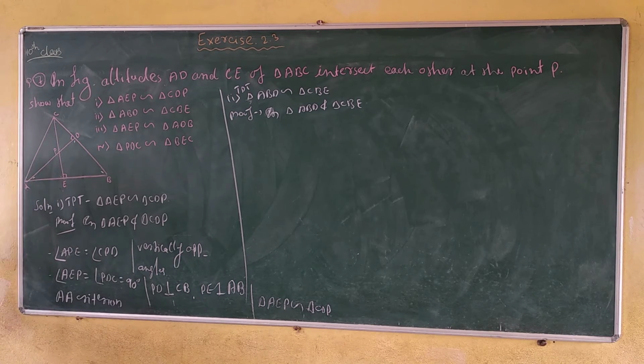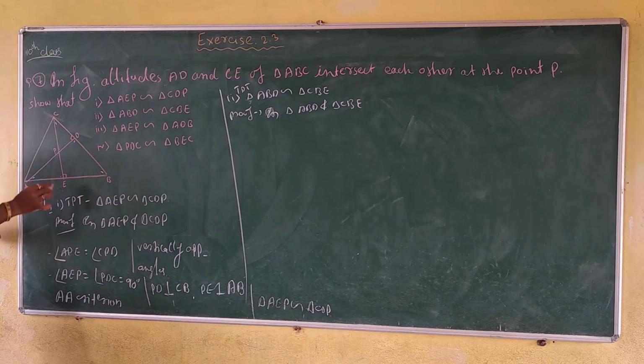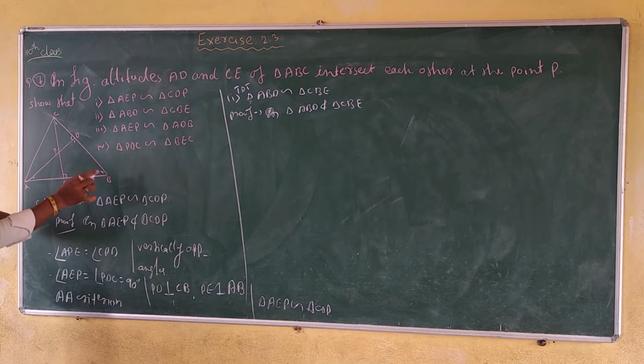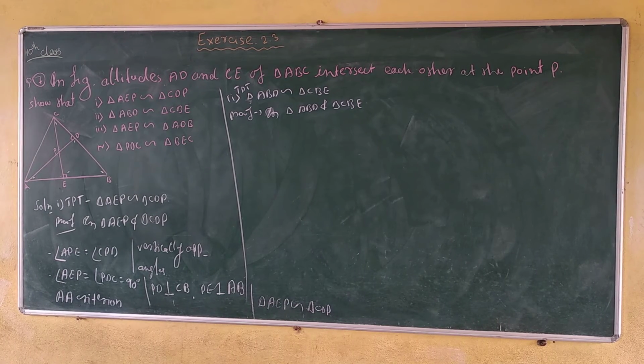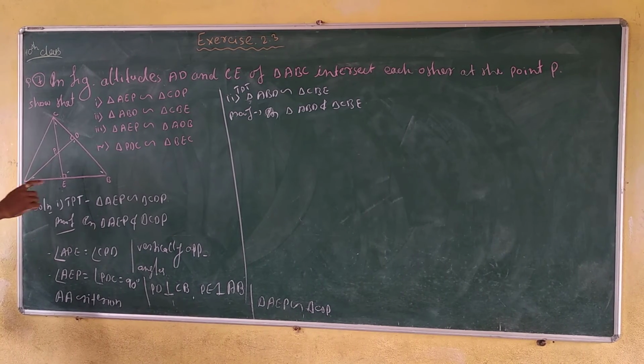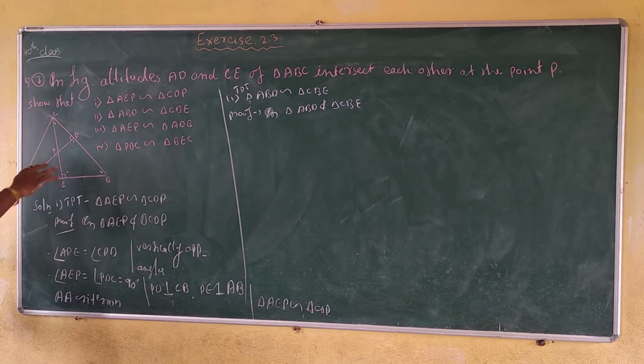These are the three angles of triangle ABD. Next, the other triangle is C, B and E. These are the three angles of that triangle. Now see here, B is the common angle among these two triangles.